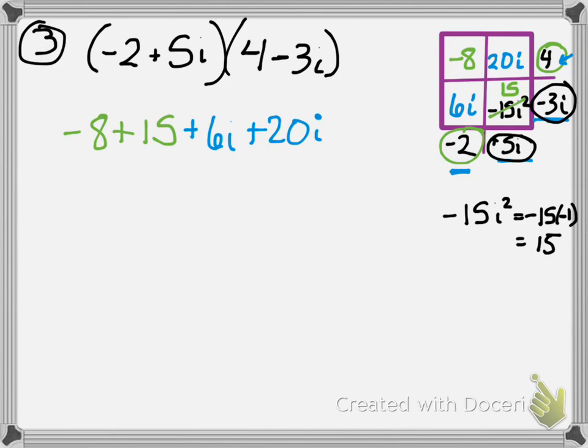But if you need to have it seen to where you have it all grouped together, that's one way of doing it. So negative 8 plus 15 is 7, 6 plus 20 is 26, and the i hangs out with it. That's the answer.